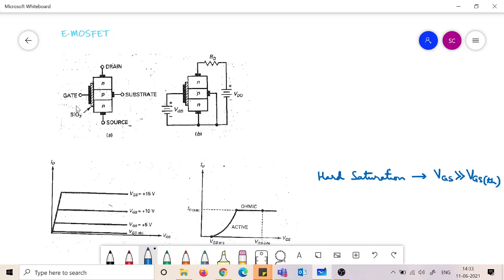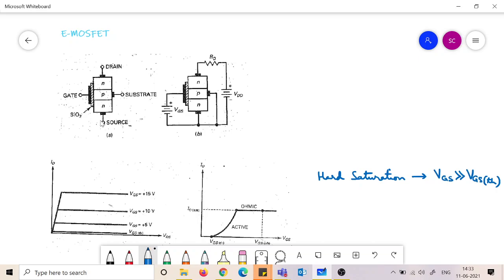So the work of the gate source voltage is to create that channel. The work of the gate source voltage would be to create that current conducting channel, and that can only be created when gate source voltage is greater than 0. Only then what would happen?